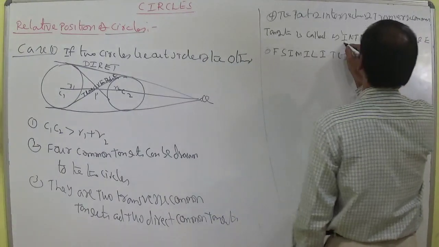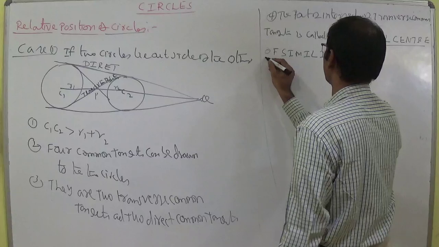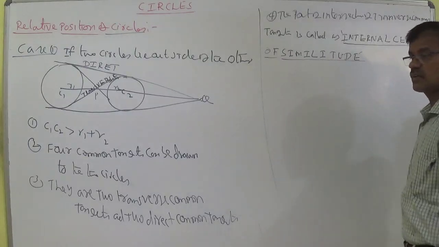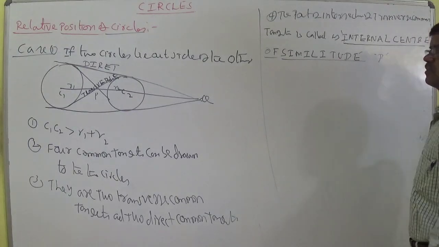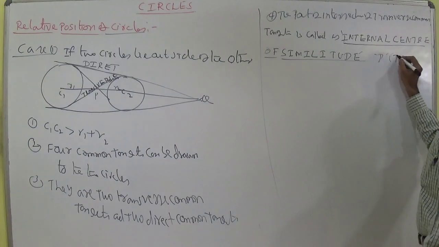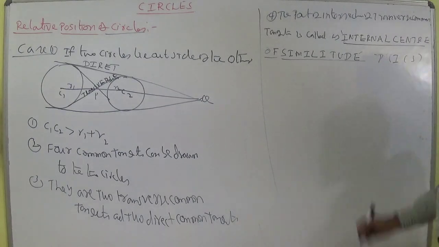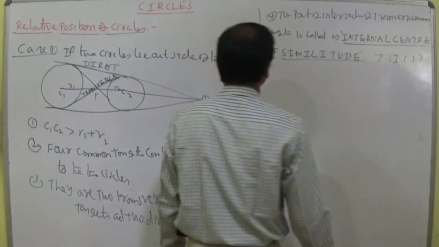The point of intersection of transverse common tangents is called as internal center of similitude P. General notation ICS means internal center of similitude.